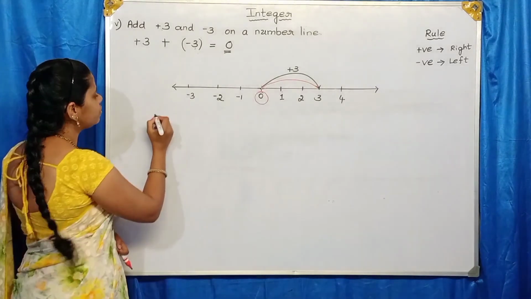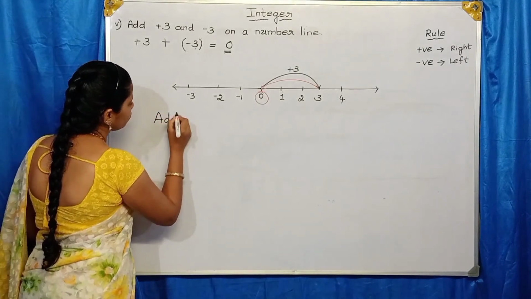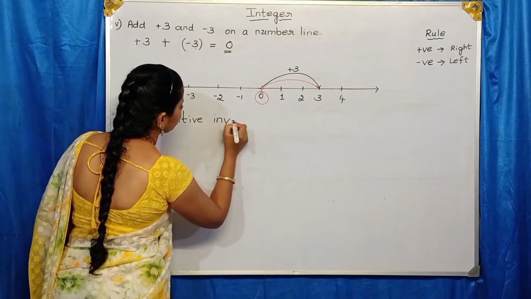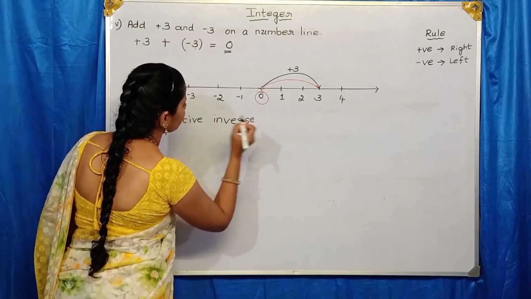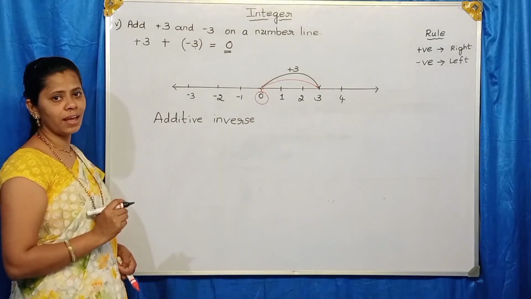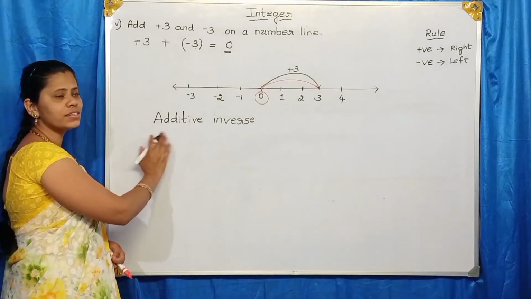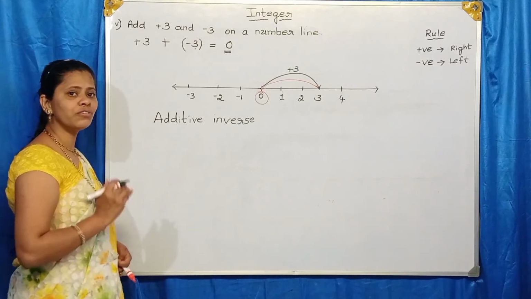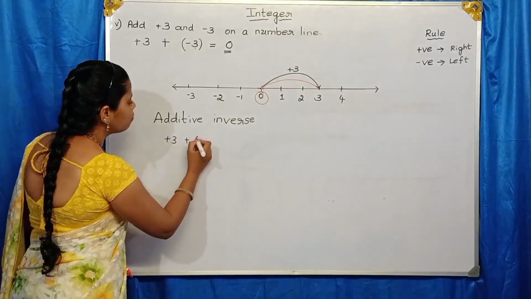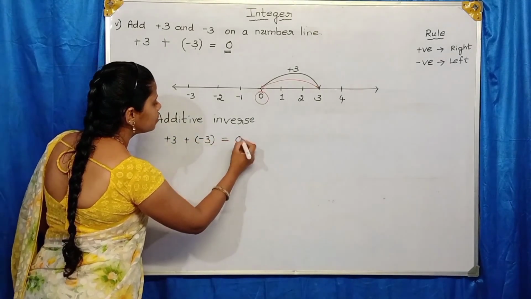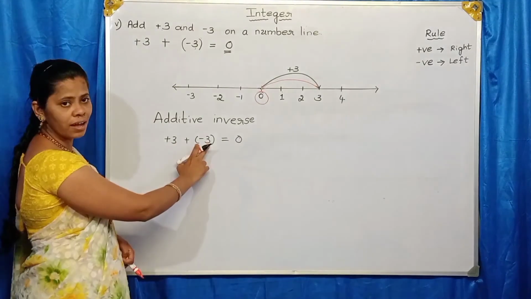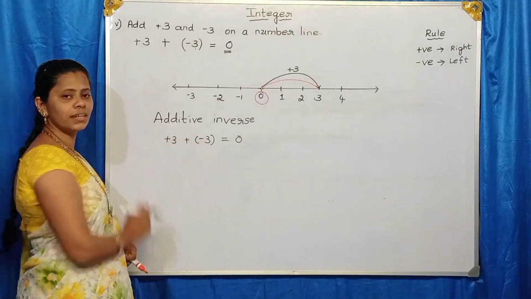Additive inverse means when you add two numbers with different signs and you get 0, then you say that the numbers are additive inverses of each other. When you add plus 3 and minus 3, you get 0. Then you say that plus 3 and minus 3 are additive inverses of each other.